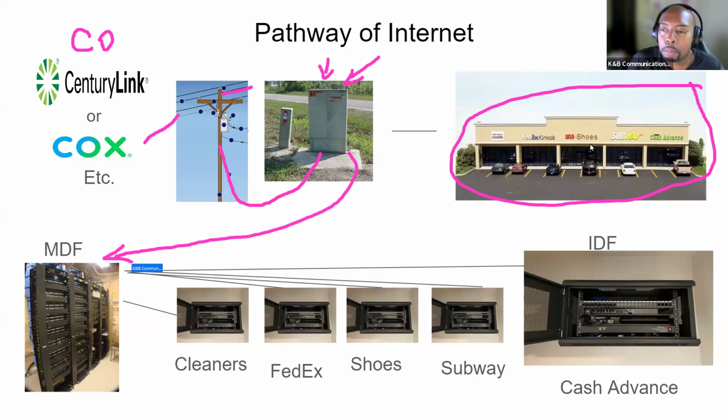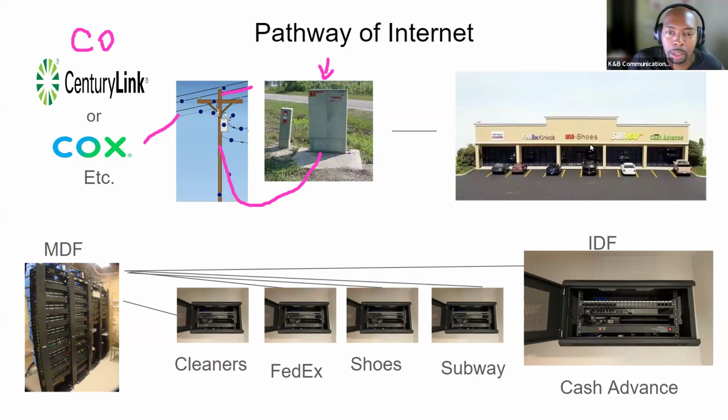It's going to be in the back of this building, or on the side or something like that. It might be in what's called the riser room. Once the wire is in the MDF, the main distribution frame, that is normally where our job begins.